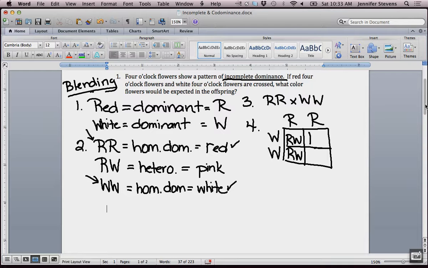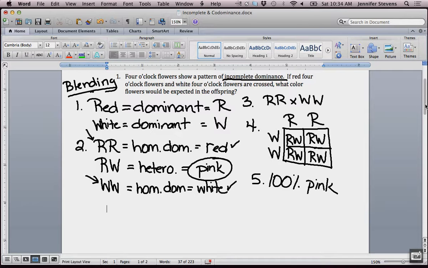Fill in. All right, step 5 says answer the question. What color flowers would be expected in the offspring? Well, if we look here, all of these guys are the same. RW corresponds to pink, so we would expect 100% pink in the offspring.